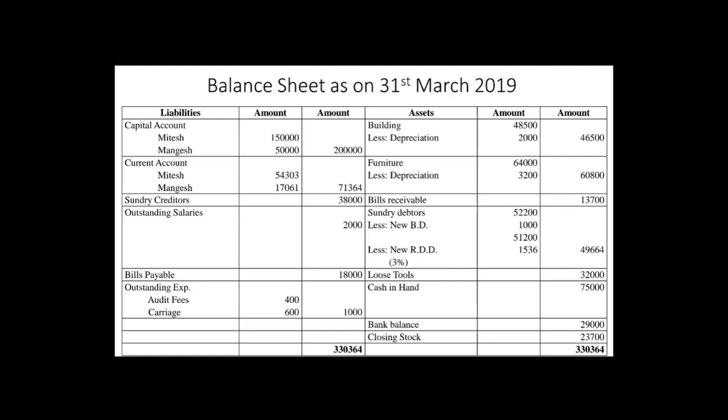You will going to deduct first new bad debts. New bad debts you will less, which is given 1,000. Okay, so 52,200 minus 1,000 then it will be 51,200. Then from this amount you will going to find out the amount of RDD. So RDD is set at 3%. How much has it said? 3%. So 3% on 51,200.